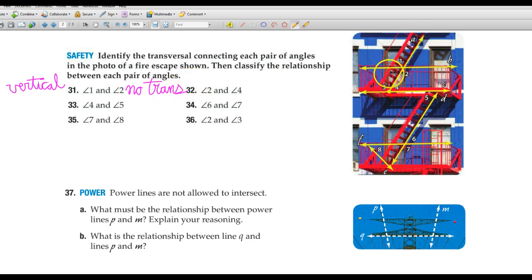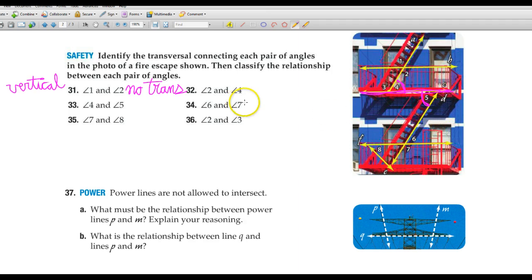Number 33, 4 and 5. Okay, this time we want the line that makes contact with both of those angles. So that would be this line. Let's see, I believe that is C or D?